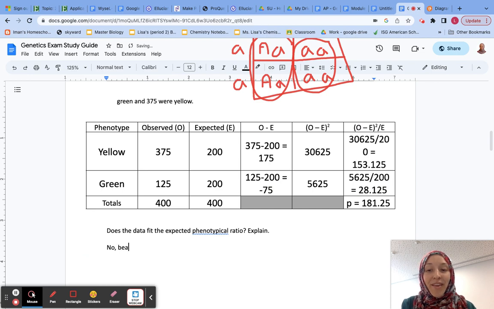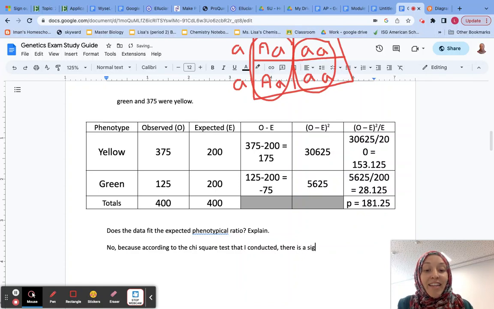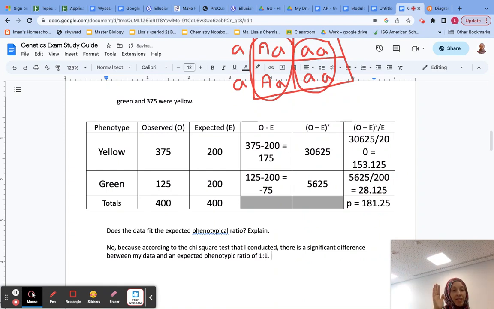No, because according to the chi-square test that I conducted, there is a significant difference between my data and an expected phenotypic ratio of 1 to 1. Because my expected ratio was 1 green to 1 yellow.